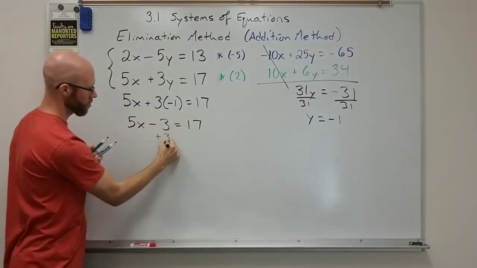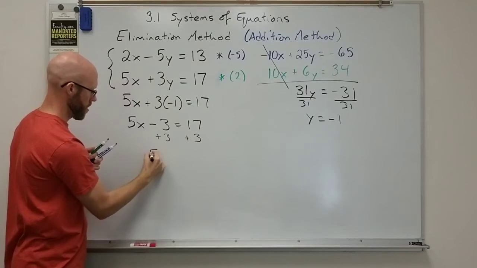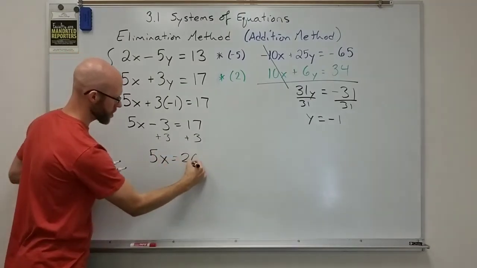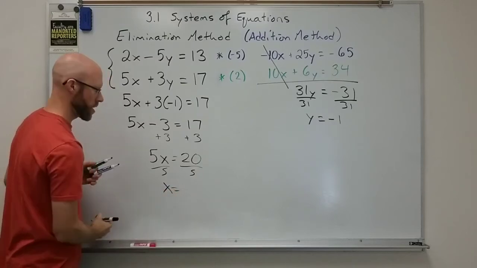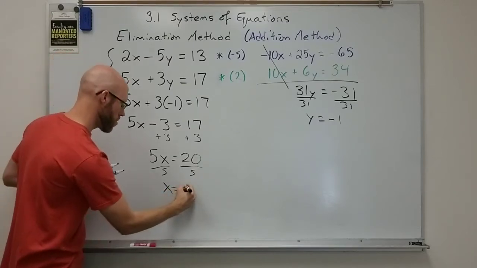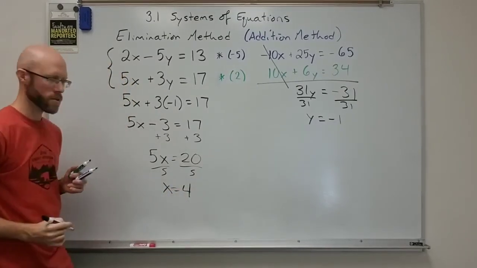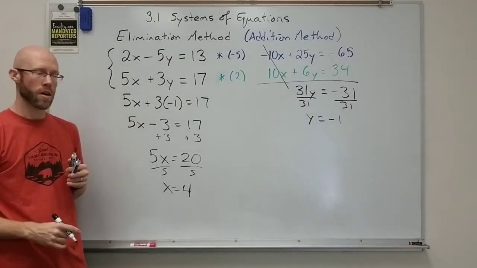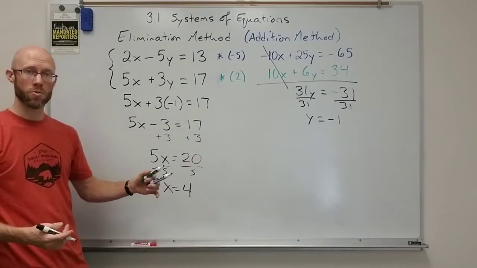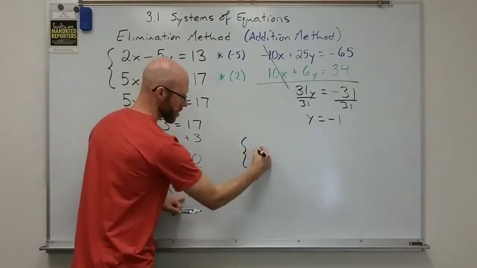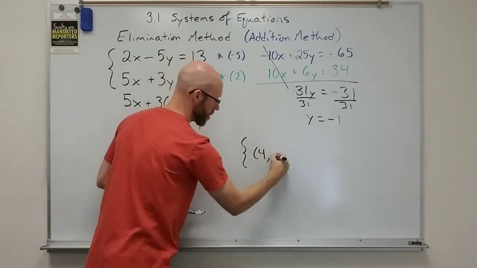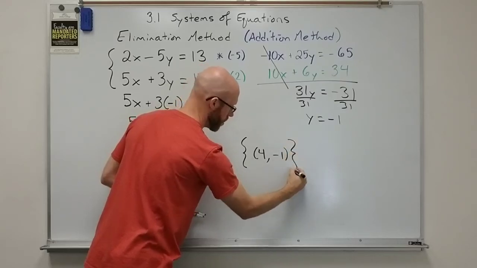I need to add the 3 to both sides. 5x equals 20. Divide by 5. And x is equal to, what's that, 4? Yes, x is equal to 4. So final answer, solution set, is the set containing the point 4, comma, negative 1.